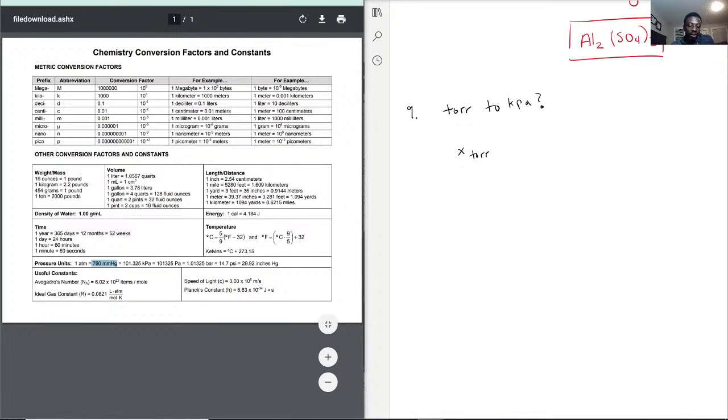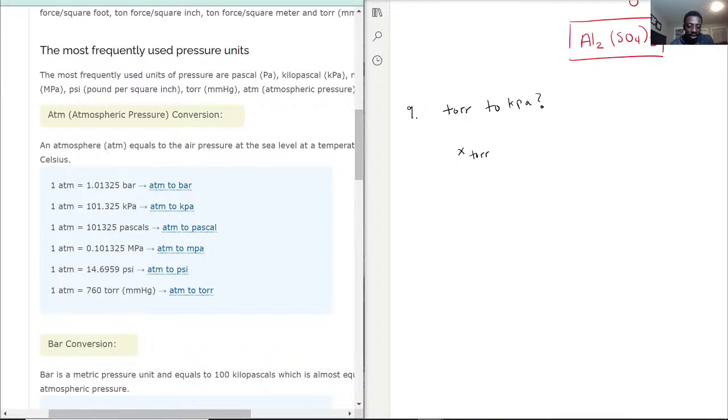Okay. Right there. So we actually need to do 2 steps for this one, because now we know based on what it's saying here, and something I think it's better for us to just memorize is that a torr is also the other name for millimeters of mercury.